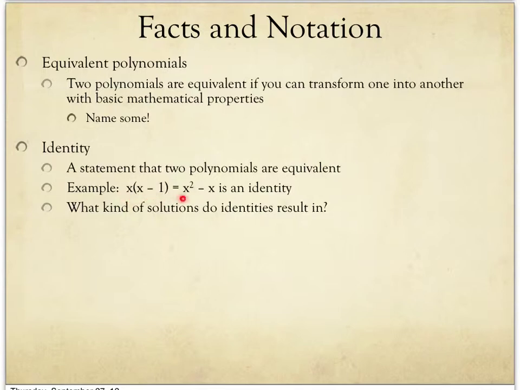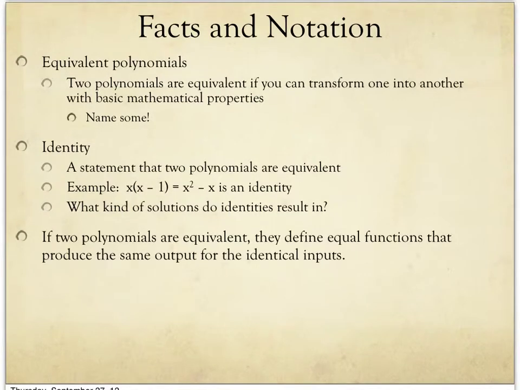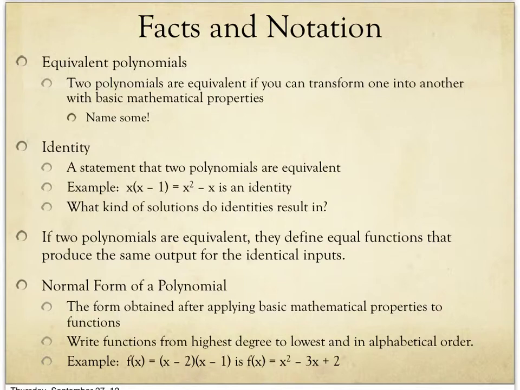So therefore, the left is identical to the right, and we call it an identity. Now, think back to Algebra 1. What types of solutions do identities result in? If you remember, identities result in solutions where any real number can suffice, because the two expressions are the same. So if two polynomials are equivalent, they define equal functions that produce the same output for identical inputs. Therefore, all numbers are the solution.